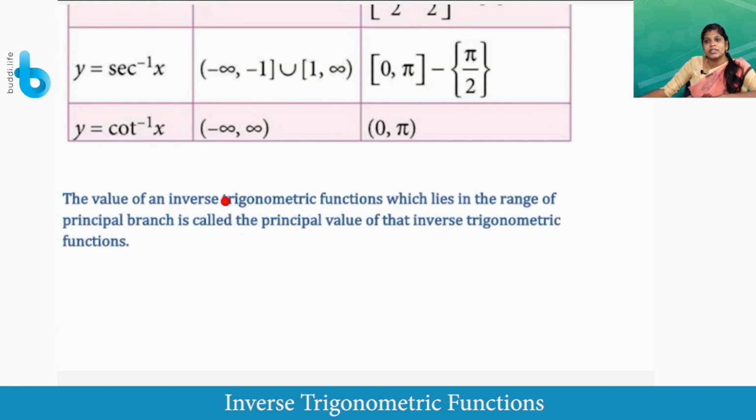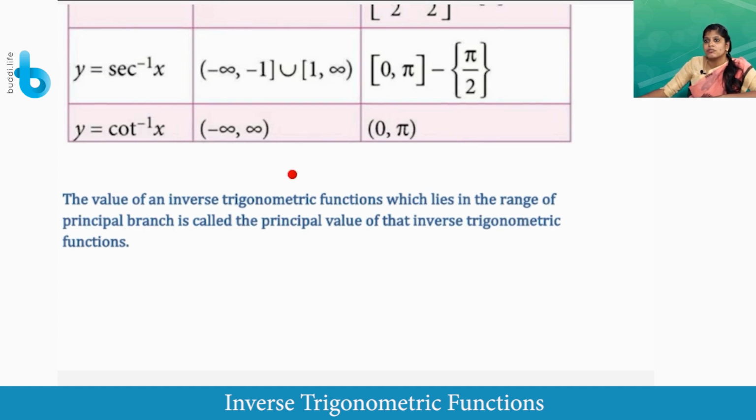The value of an inverse trigonometric function which lies in the range of the principal branch is called the principal value of that inverse trigonometric function. Suppose any trigonometric function is given and you are asked to find the principal value.